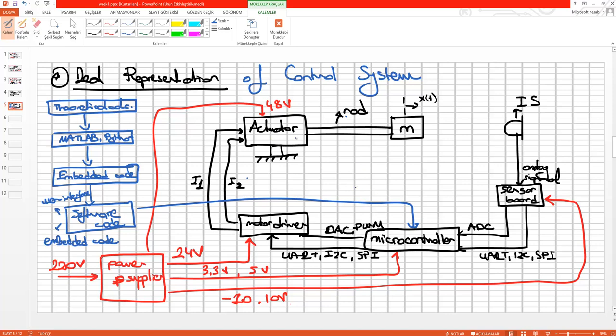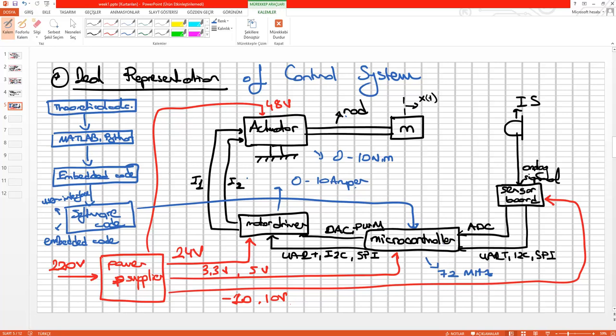For example, you want to select the actuator between 0 to 10 newton meter torque values, or you need to select the motor driver for 0 to 10 ampere. Okay? Or you need to define your system based on a microcontroller with 72 megahertz.